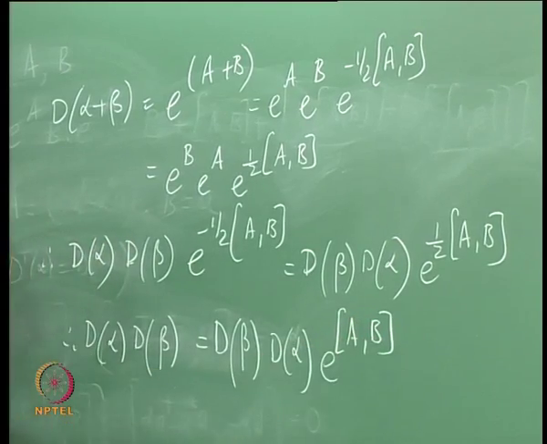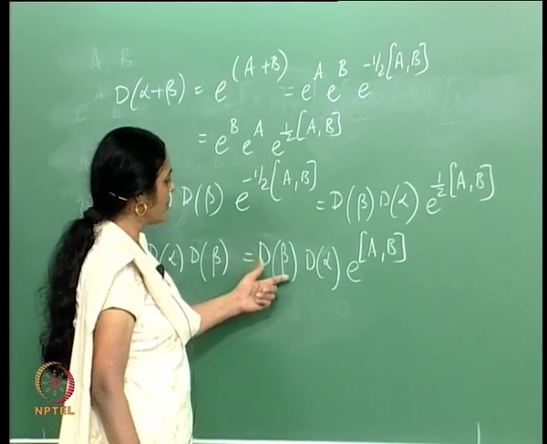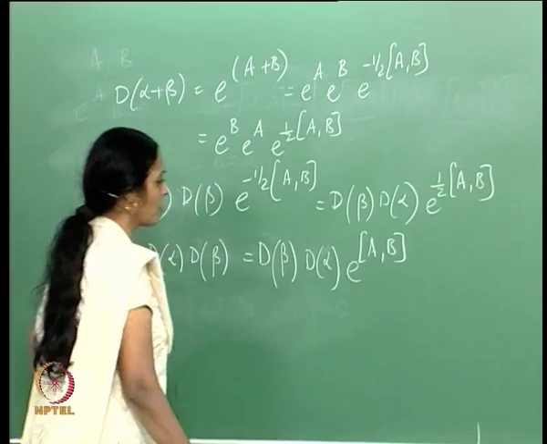I have this object as an extra piece: D of alpha D of beta is D of beta D of alpha, e to the commutator of A with B.